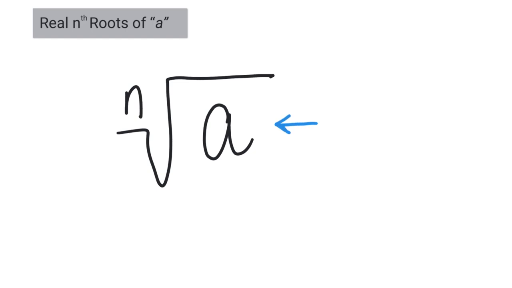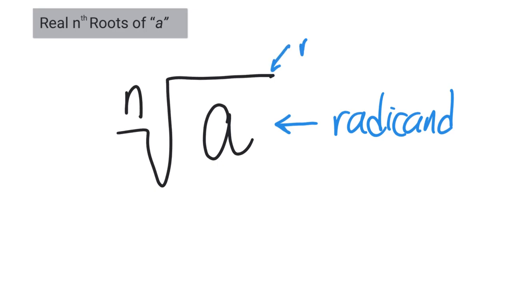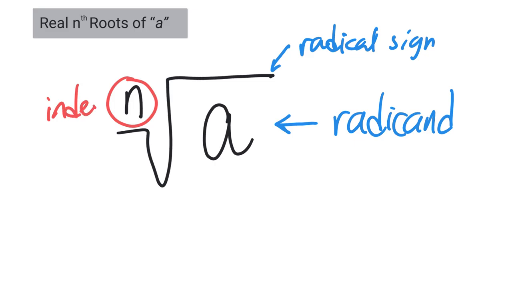The a in here represents the radicand. That's going to be the number, any number under the radical sign. That's your radical sign. And the n in here is what you call your index. Now the index is going to tell you what the root of a is going to be.